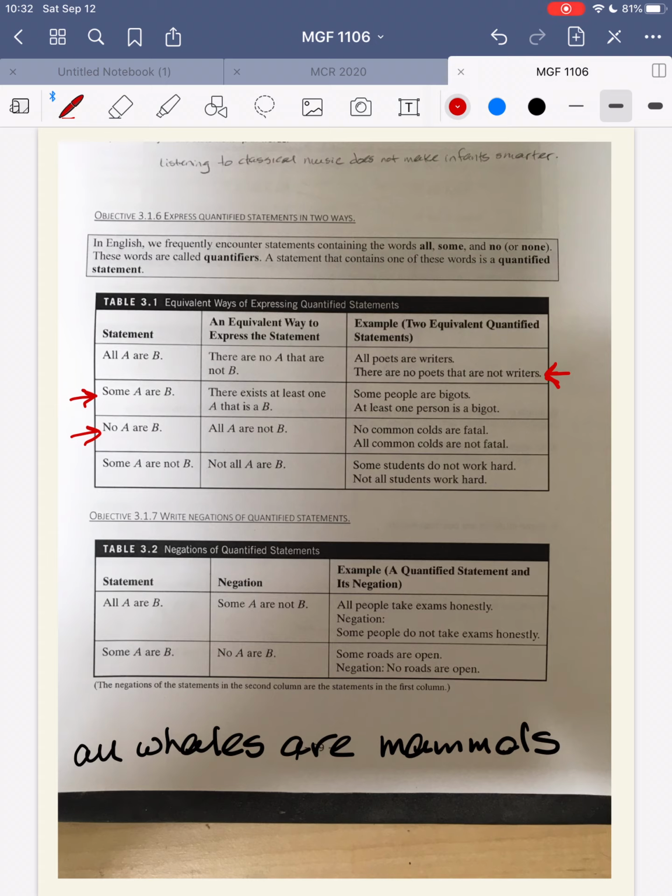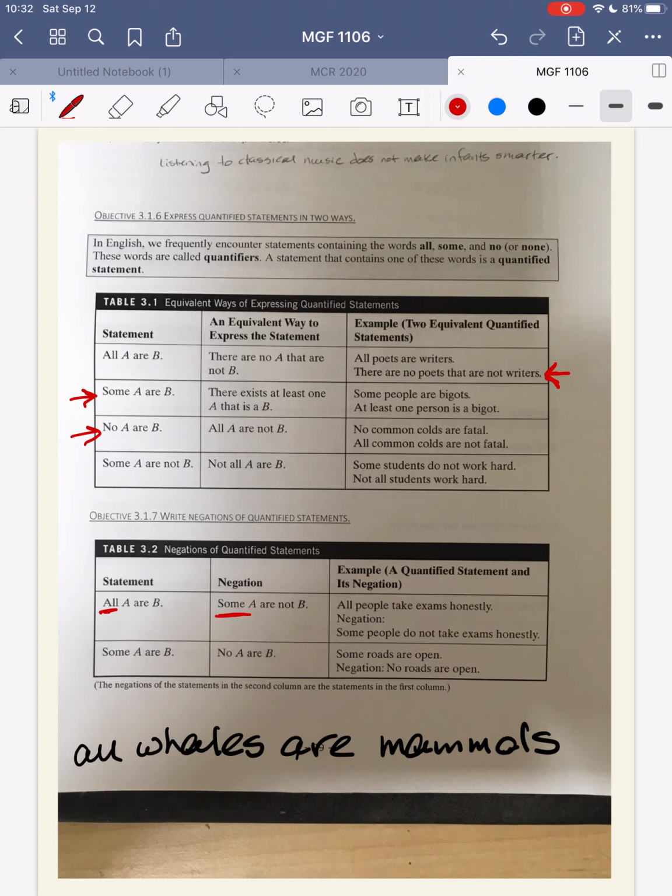Negations of these statements get a little tricky. If we have all A are B, then the negation is some A are not B, and it seems kind of contrary here. All people do not take exams honestly. Some people do not take exams honestly. So that all and that some comes in for the negation part of it.